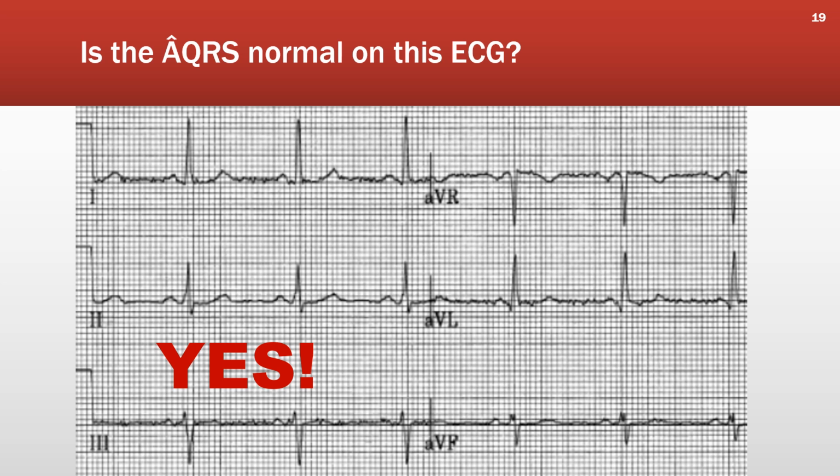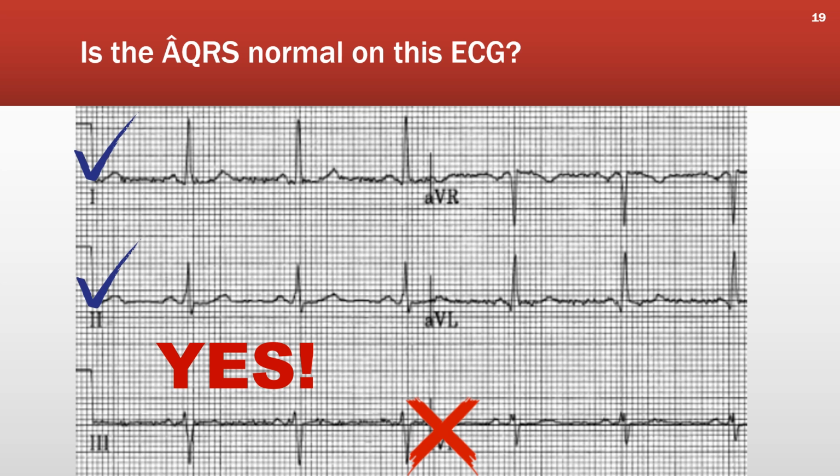If you looked at leads 1 and 2 to determine this, you would have reached the correct answer. Had you looked at lead 1 and lead AVF, it would have told you that there is a left axis deviation, which is incorrect.